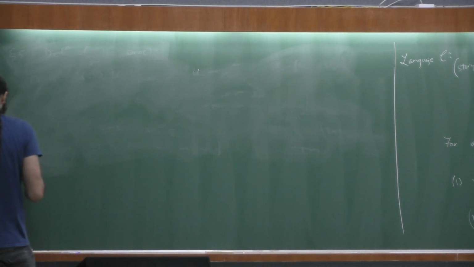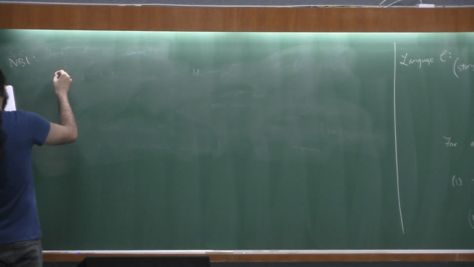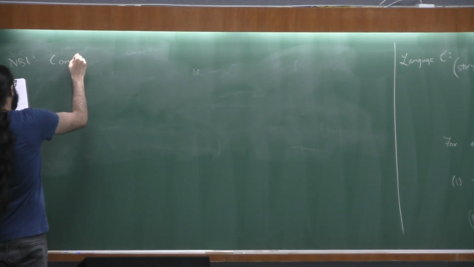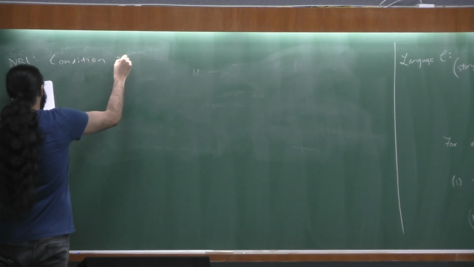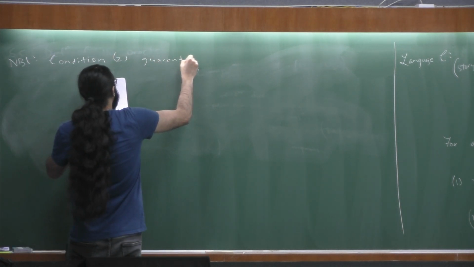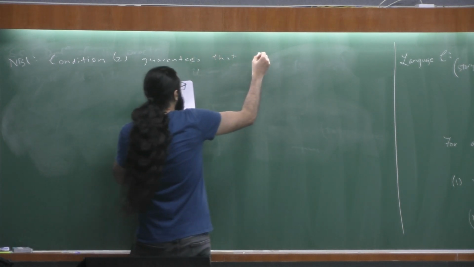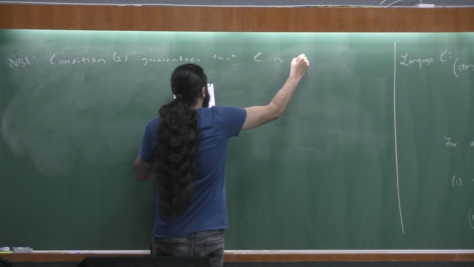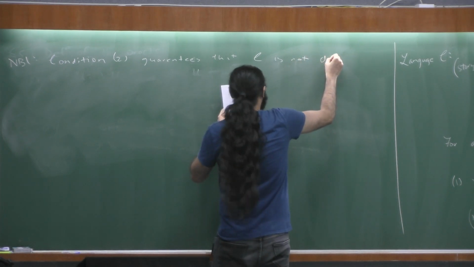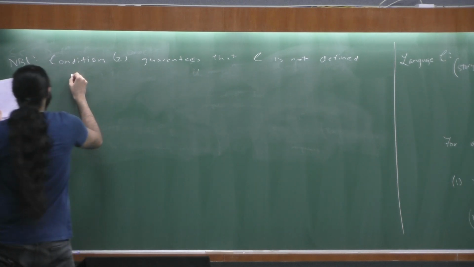Right, so we have that, and then here are some quick observations. The first observation is that condition 2 guarantees, which I already sort of mentioned, that C is not defined recursively or circularly as it's written in the text.